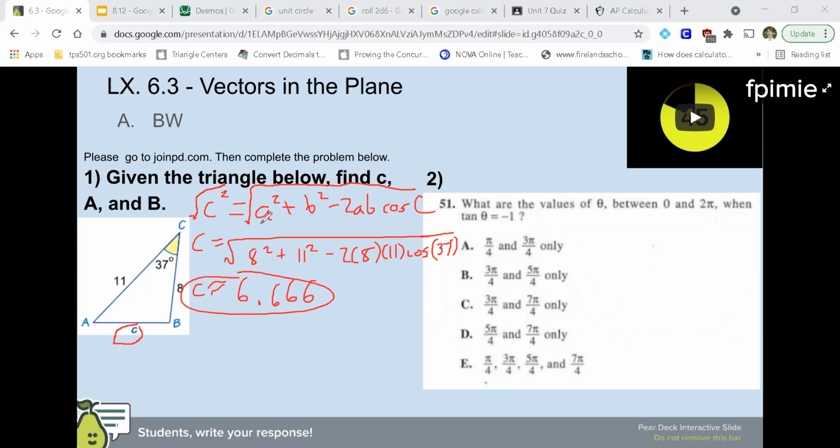Now, do we find the smallest angle first or the largest angle first for side angle side? Because A is so low in the alphabet, right? It's so small. Largest is for side, side, side, and that's when we don't have any angles.